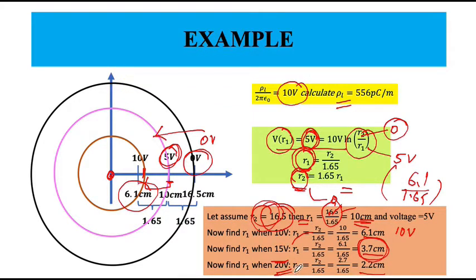The potential becomes 20 when it is 3.7 divided by 1.65, so at that time it will be 2.2 centimeters. So the potential becomes 20 volts at 2.2 centimeters from the origin.